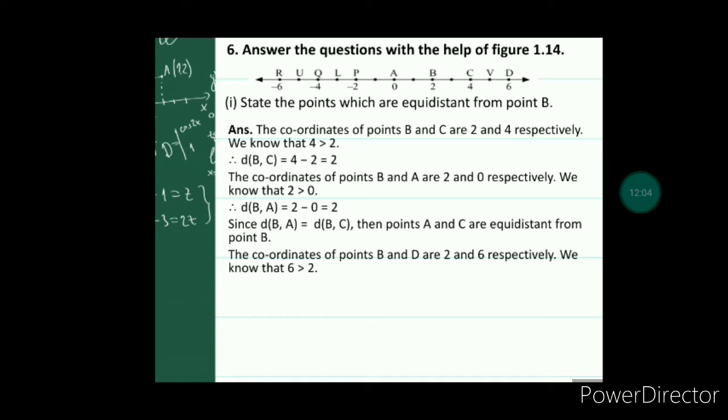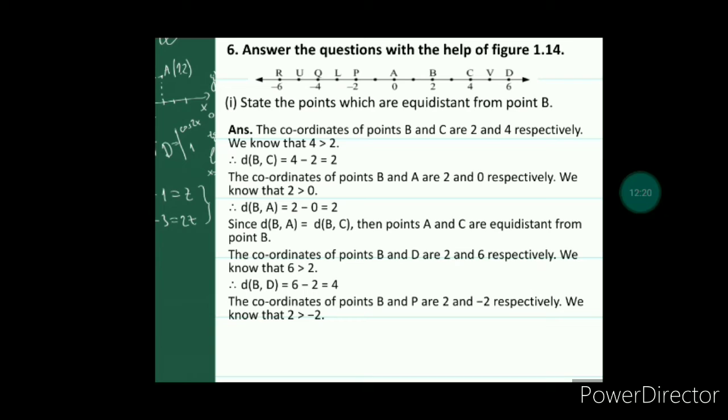The coordinates of points B and D are 2 and 6 respectively. We know that 6 is greater than 2. Therefore, distance BD equals 6 minus 2, which is 4. The coordinates of points B and P are 2 and -2 respectively. We know that 2 is greater than -2.